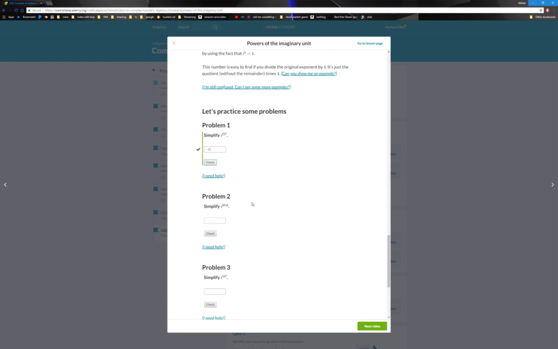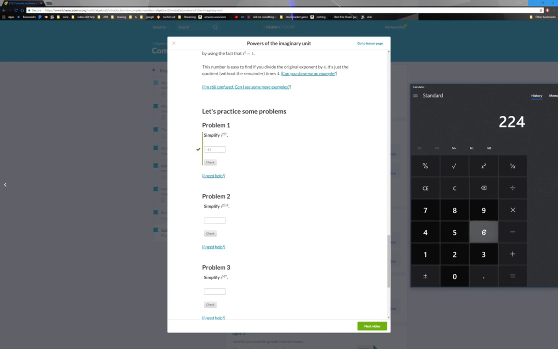Now we need to simplify i to the 216th. So we'll take 216 divided by 4.